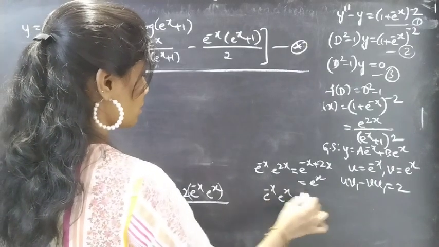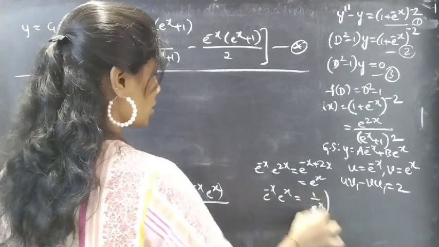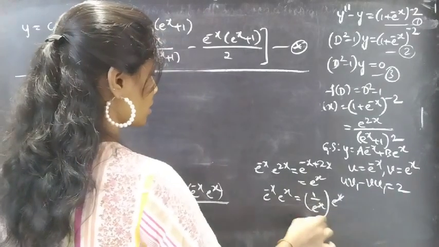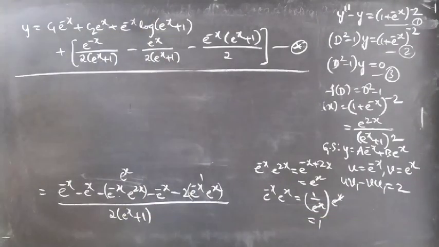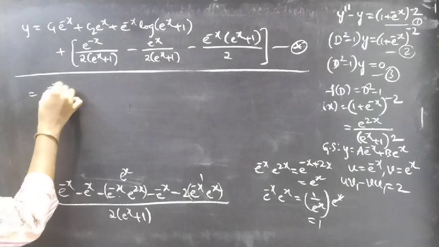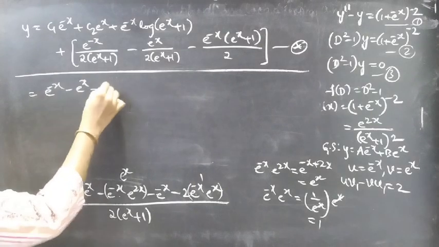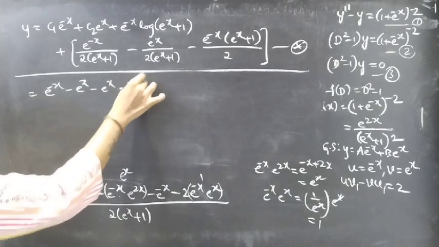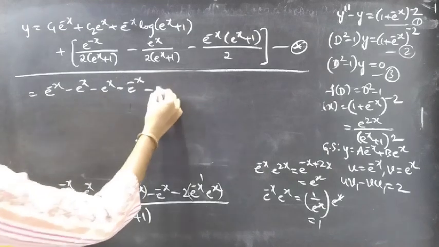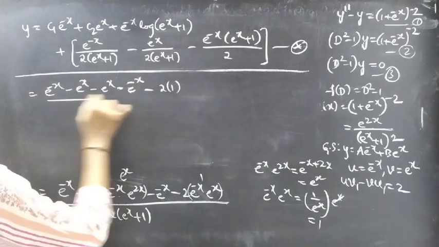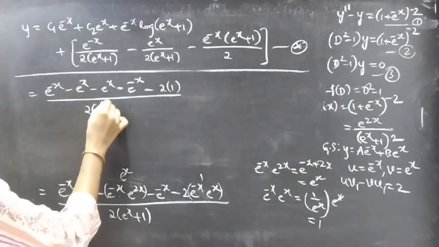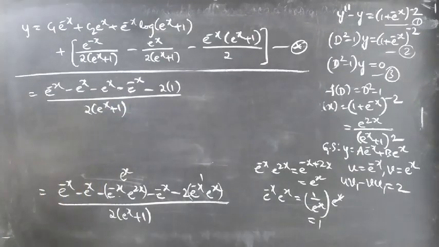Just write e^(-x) as 1/e^x into e^x. Here e^x gets cancelled, we'll get 1. Just replace this with 1, then this becomes e^(-x) - e^x - e^x - e^(-x) - 2 into 1 by 2(e^x + 1), right?